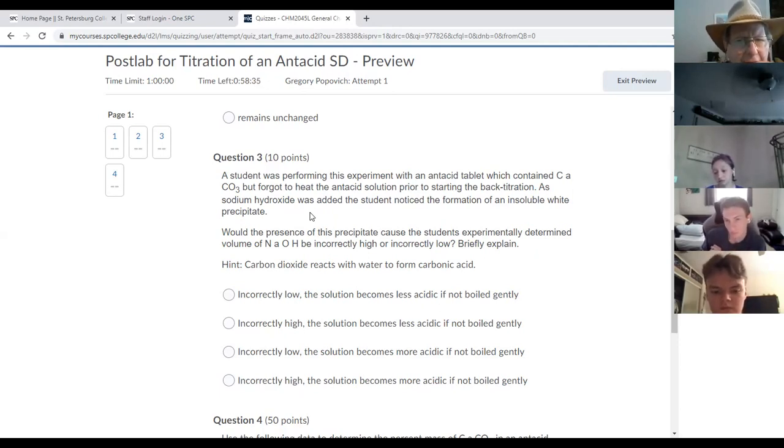Instead of the stuff being calcium carbonate, if you're adding sodium hydroxide, what do you think the solid might be? You've got to figure that out. You've got to figure out what the solid could possibly be, and then realize what's happening to this particular reaction.